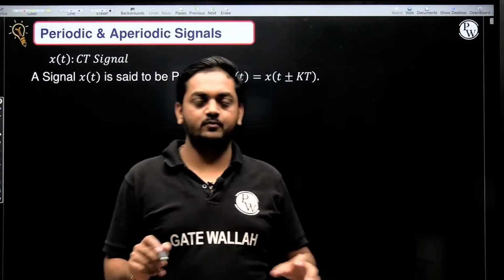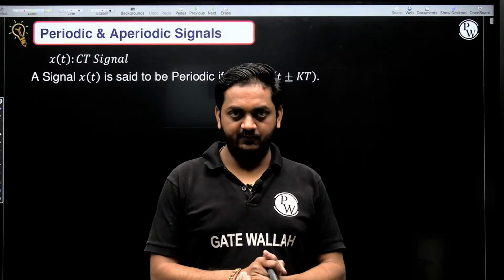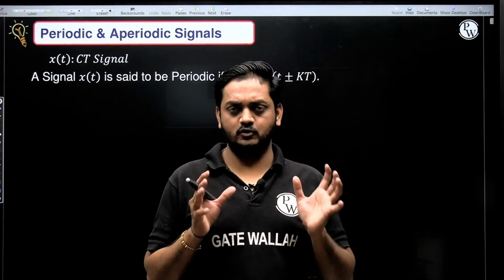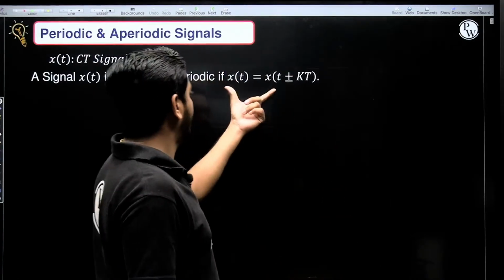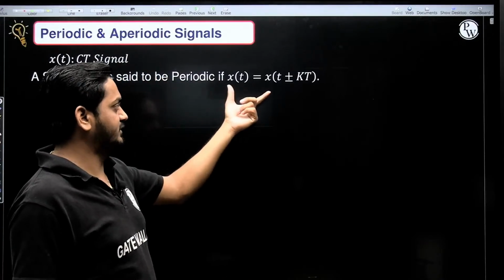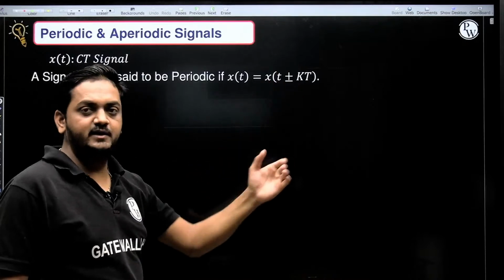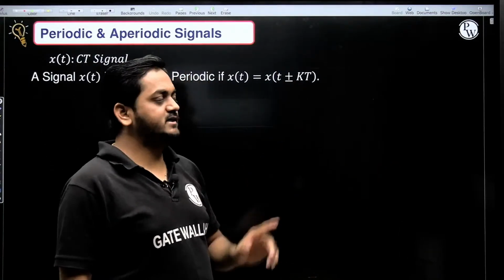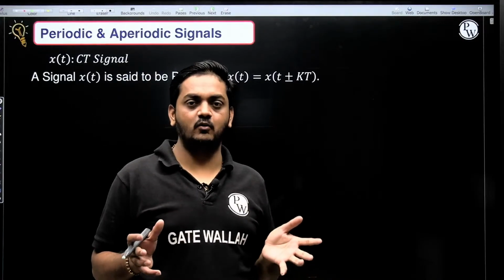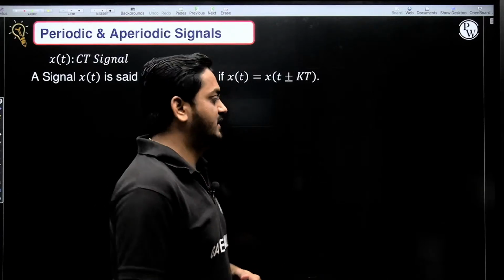Then the signal x of t is said to be periodic if x of t is equal to x of t plus or minus k into capital T. If any signal satisfies this condition, then it is said to be a periodic signal, where k is any integer value 1, 2, 3, 4, 5, 6, and capital T is known as the fundamental time period, or we can say periodicity of the given signal for which this condition is satisfied.